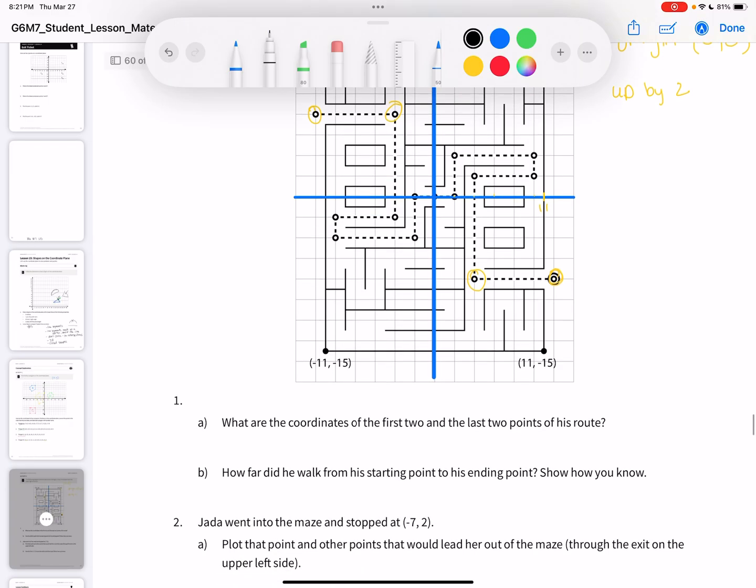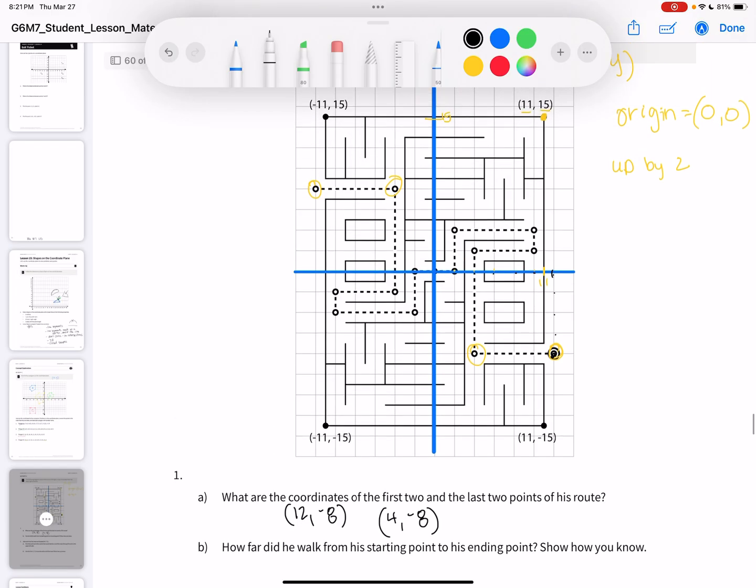Well, let's go over and see where we get here. So if I go up like this, that's 2, 4, 6, 8, 10, 12. So that's 12, comma, 2, 4, 6, 8, negative 8. 12, negative 8. And then this one is 2, 4, that's 4. And again, negative 8. So that's the first two dots.